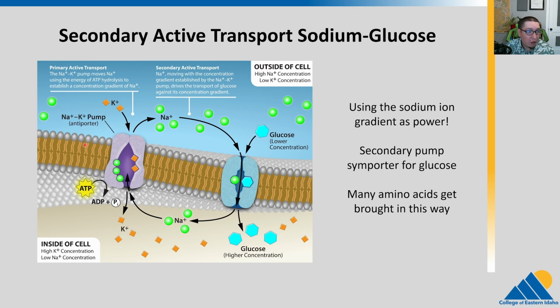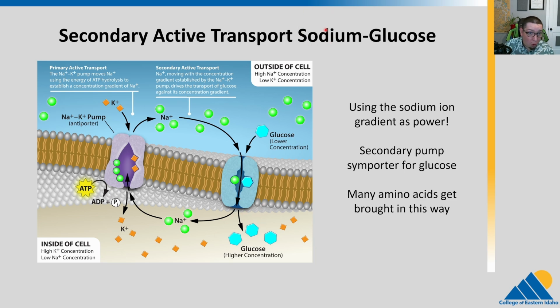The way that we move sodium from outside of our cell into our cell is using this glucose sodium transporter. So you can see over here, we have a sodium potassium pump, right? That's our antiporter. We build up the sodium gradient outside of the cell, and then we want to move the glucose into the cell. So to do that, the sodium binds to this and the glucose binds to this. The sodium gradient helps us pump the sugar inside our cell.